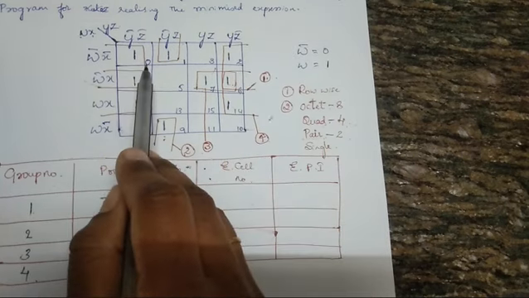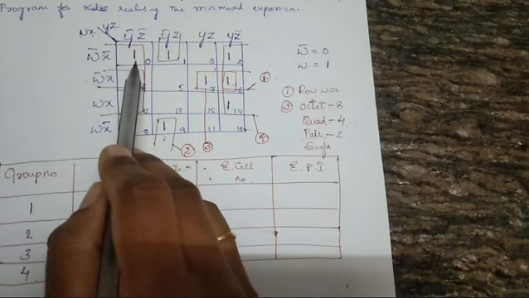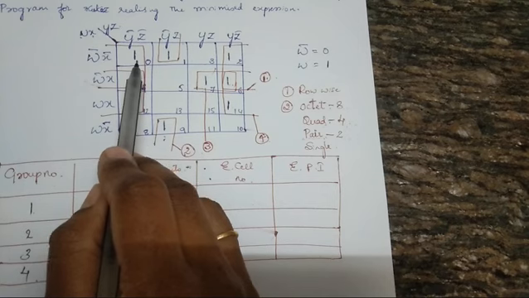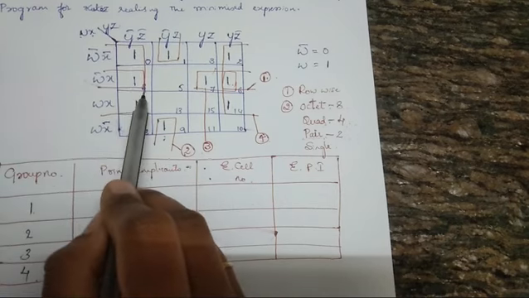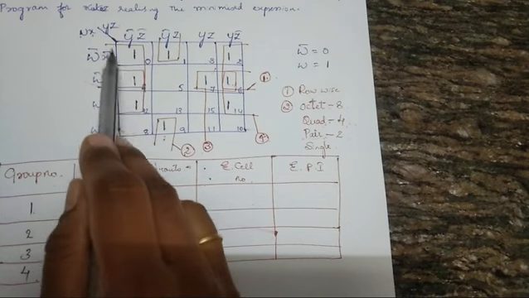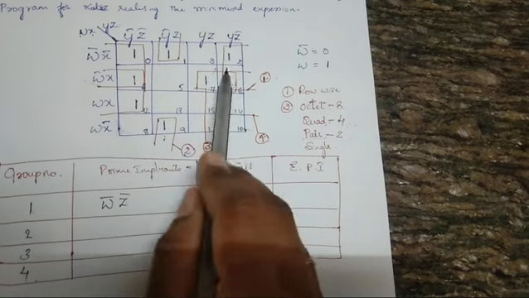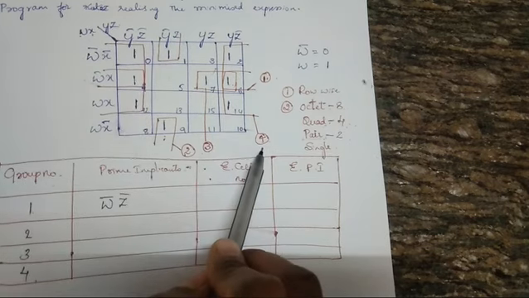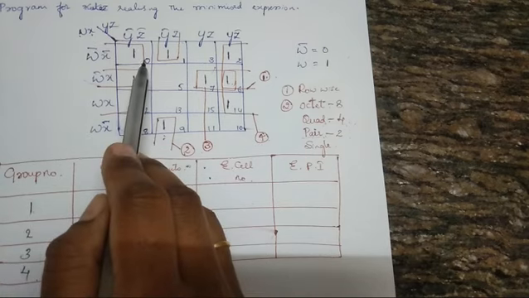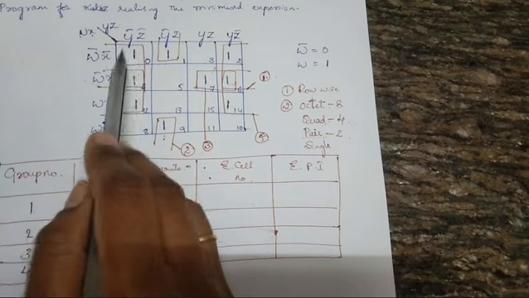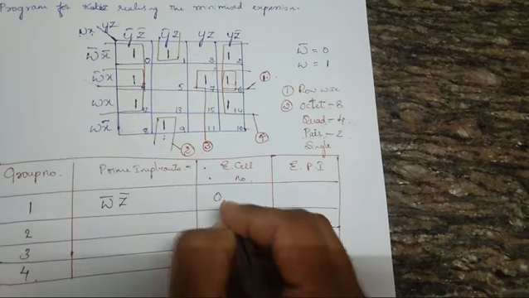Cell number 0, that is the one which is in cell number 0, is not being shared by any group, but the one which is in the cell number 4 is being used or grouped by the first group as well as by the fourth group, right? So essential cell number is a cell which is not being reused. It has been used by only this group, that is 0. I have to write this here.